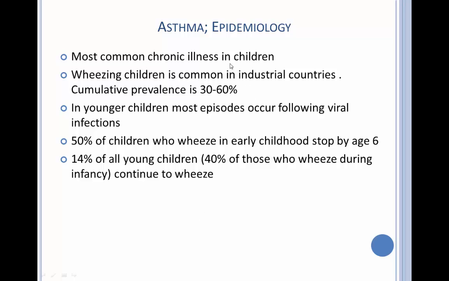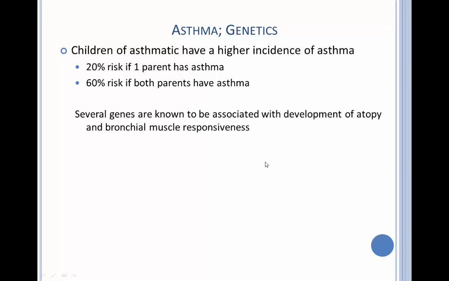Very common in children. Wheezing is not always present, but is a very common physical finding. Mostly viral. 50% of children who have asthma subside after the age of 6, and some others continuously wheeze.